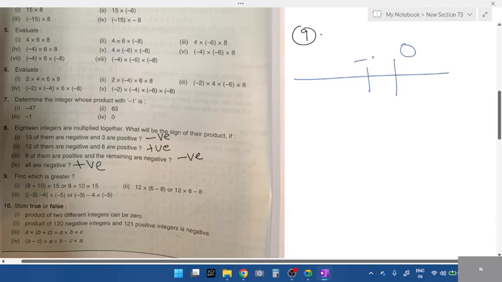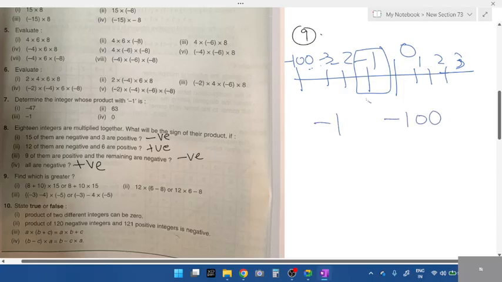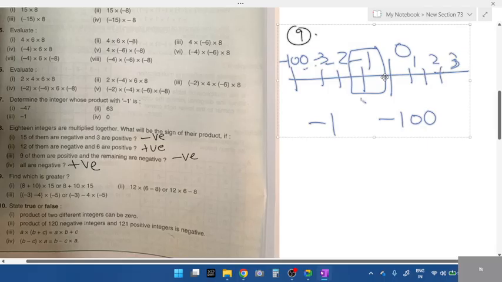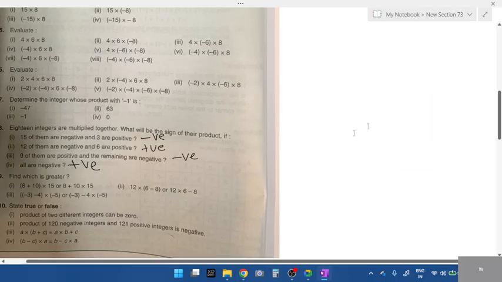Imagine there is minus 100 on one side, and this side we have 1, 2, 3 positive values. So among negative values, the smallest value is the greater. Even if you take minus 1 and minus 100, which is greater? Minus 1. The smallest value is greater in terms of negative numbers.